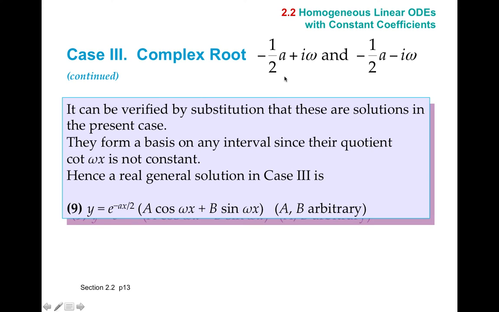Now, there's some complex number math and trigonometry that can be done if you substitute this in, and what it turns out is that using Euler's formula and some trig identities that we won't really do in this lecture because you should have been exposed to this in a previous course, what we find is that this first term gives us an exponentially damped term, so we'll get an e to the minus ax over 2.